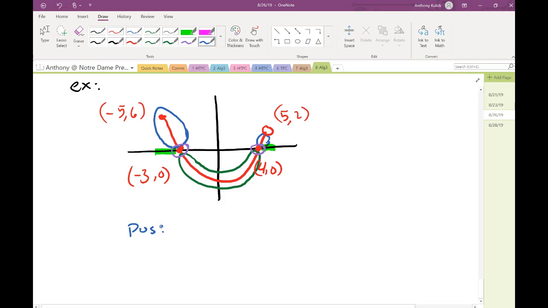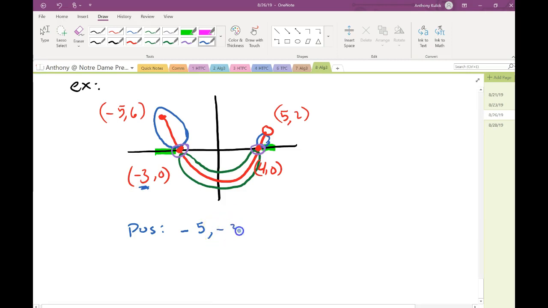Okay. So if I look at that positive piece on the left, that piece begins with what x-coordinate? -5. And it ends at what x-coordinate? At -3, right?